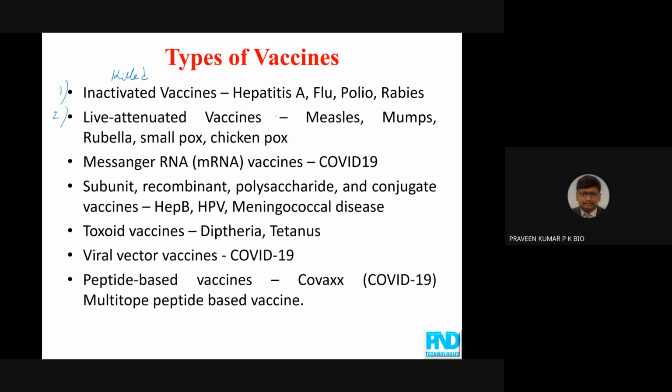Because of that, whatever viral infection we want to prevent, we can prevent it. So either using killed viruses like hepatitis virus, flu virus, polio virus, we can prevent this kind of viral infection, or else we can use the treated kind of vaccines, by heat or chemical treatment.